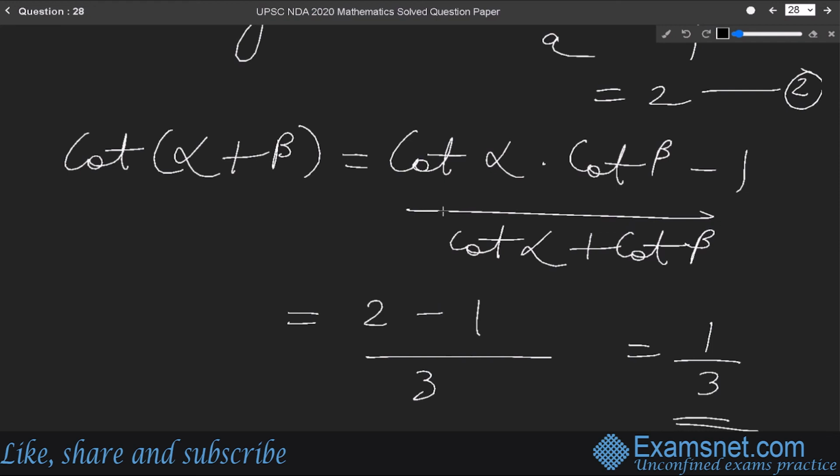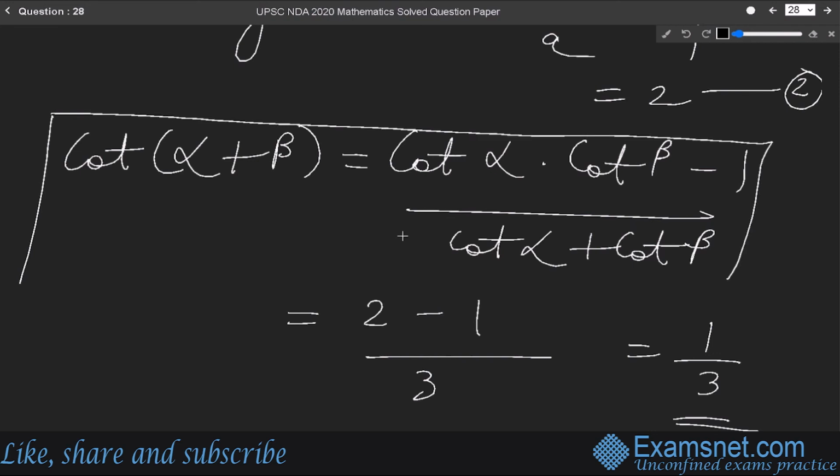It was a very simple question. Only the main part here was this formula, which is cot alpha plus beta. It is very important to remember all the formulas for trigonometry. Most of the students forget the formulas, therefore they find the questions very difficult. But if you remember formulas, it is very easy.